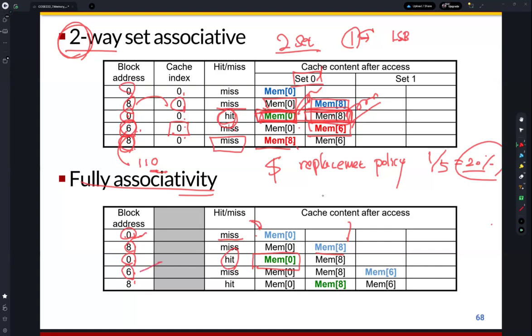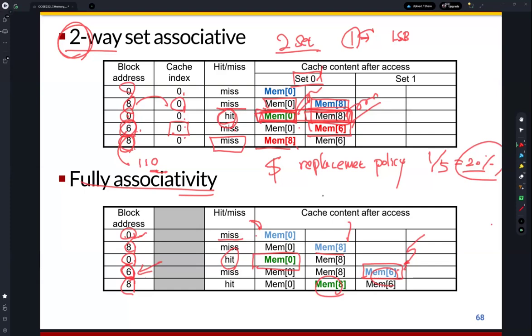The memory block 6 is newly requested, so memory 6 is newly allocated. Unlike the two-way set associative cache, the memory block 6 can be allocated to any empty slot. And then 8, it's a hit.